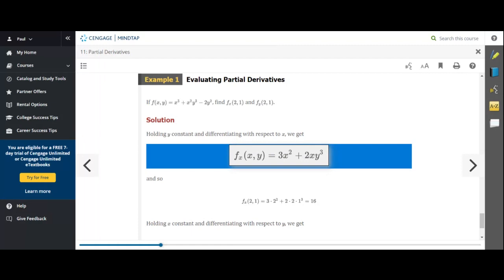Let me go to the whiteboard and write this function down. f of x, y is equal to x cubed plus x squared times y cubed minus 2y squared.